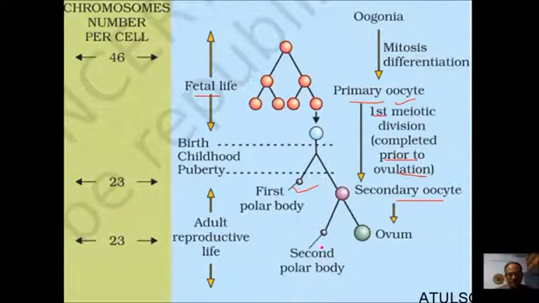During adult life, meiosis 2 starts, but it does not complete, and it completes only at the time of fertilization. So we can call this the longest time-taking process of meiosis.